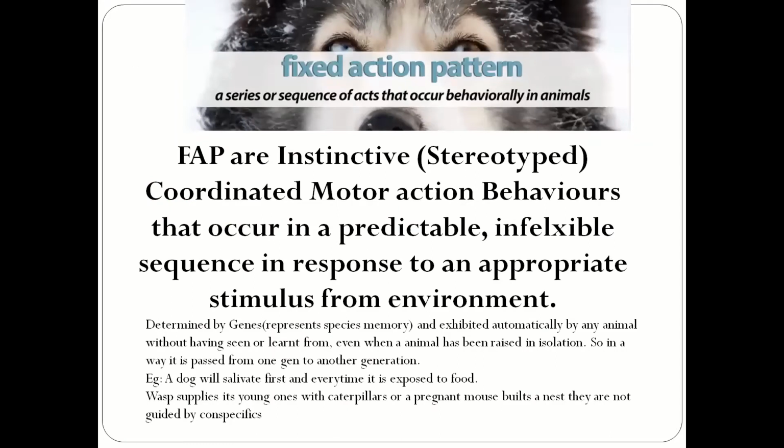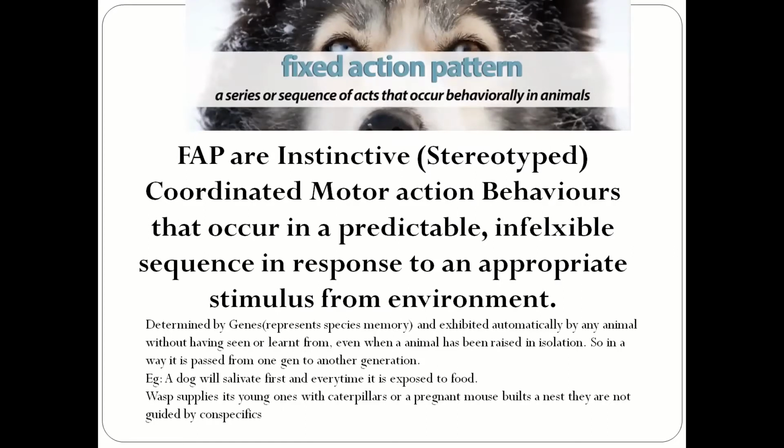Now, how to define fixed action pattern, FAP? FAPs are instinctive, usually stereotyped, coordinated motor action behaviors that occur in a predictable, inflexible sequence in response to an appropriate stimulus from the environment.